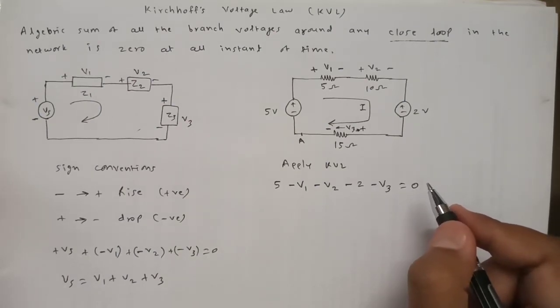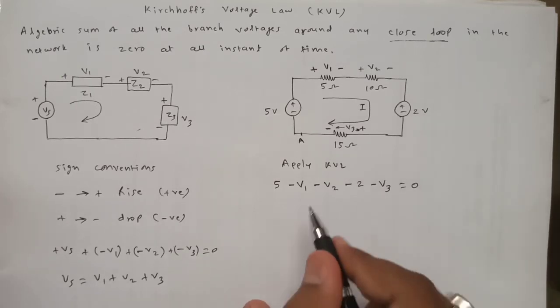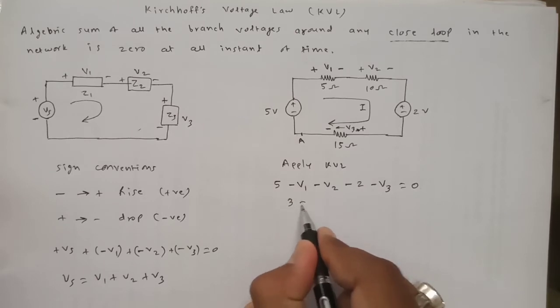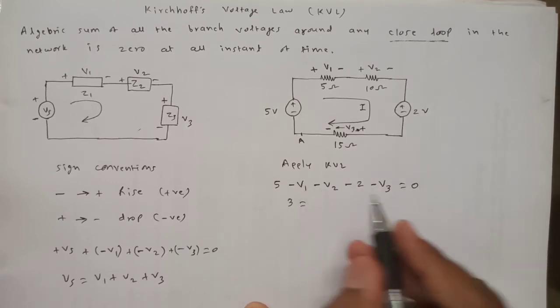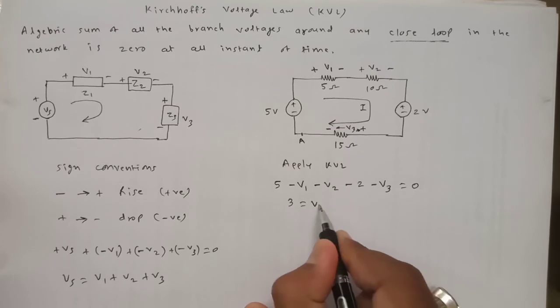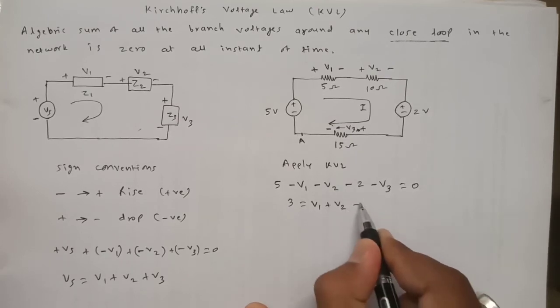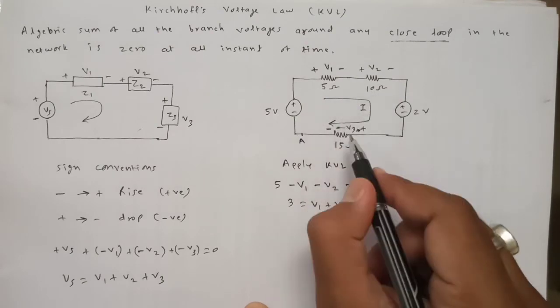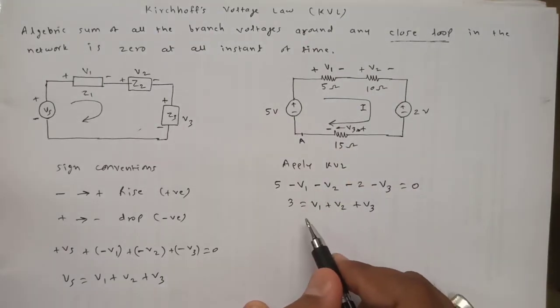Okay, so now this further we can solve, like 5 minus 2, it will become 3, right? And all these negative voltages, if we take on the right hand side, it will become V1 plus V2 plus V3. So it means that the voltages V1 plus V2 plus V3 will be equal to 3 volt.